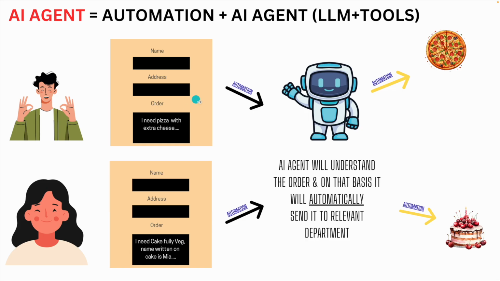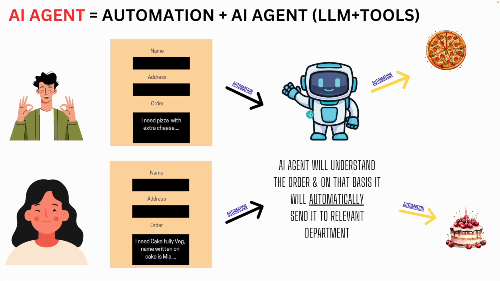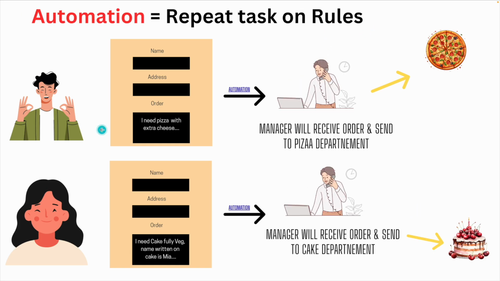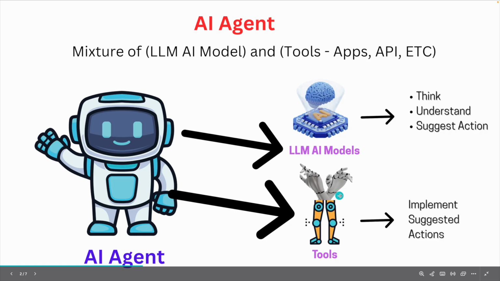The automation will work like this. The person will place the order through automation. Last time we had a human, but this time we are going to have a robot, because this robot, which is an AI agent, has the power of LLM plus tools. You remember, LLM means a brain, and tools means legs and hands.